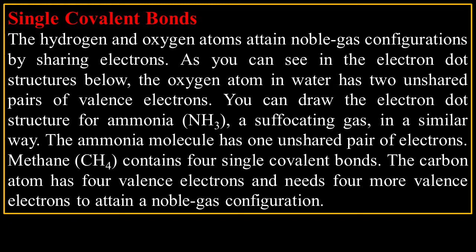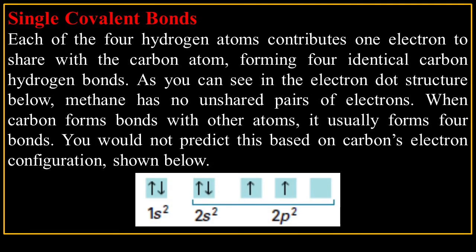The carbon atom has 4 valence electrons and needs 4 more valence electrons to attain a noble gas configuration. With any kind of bonding, you have to always consider what is the corresponding noble gas configuration that is sought by each atom involved in a molecule, or an ionic compound for that matter.